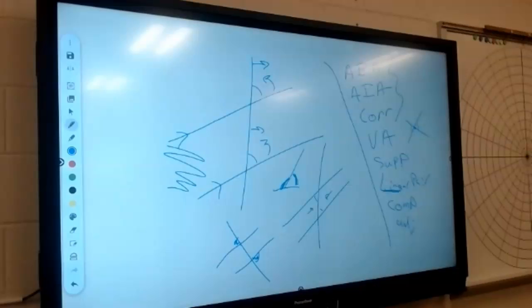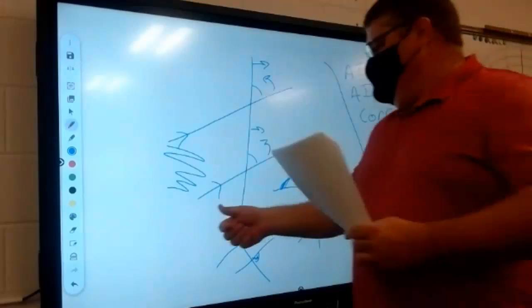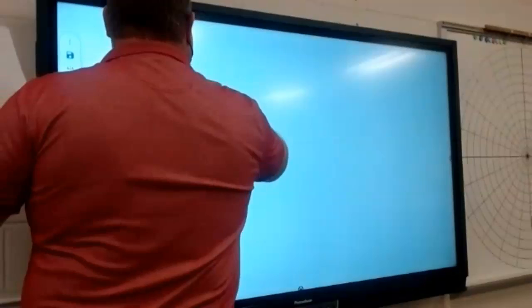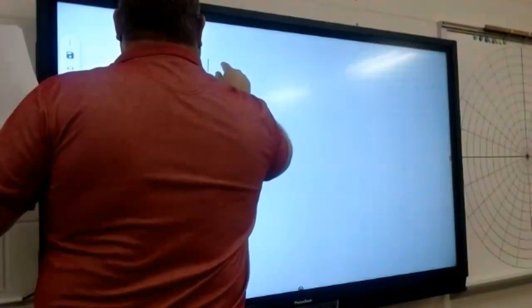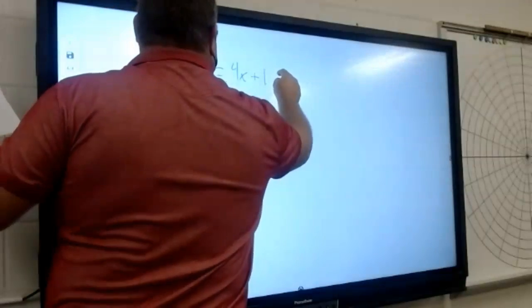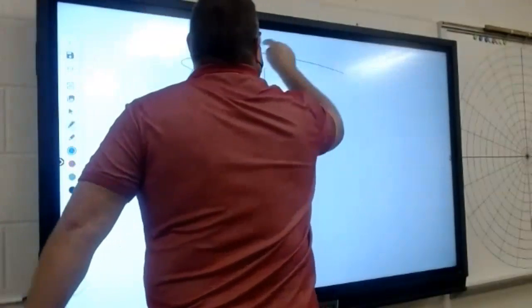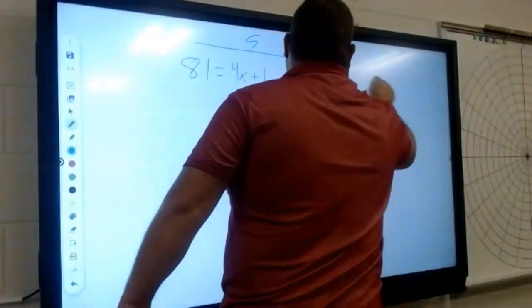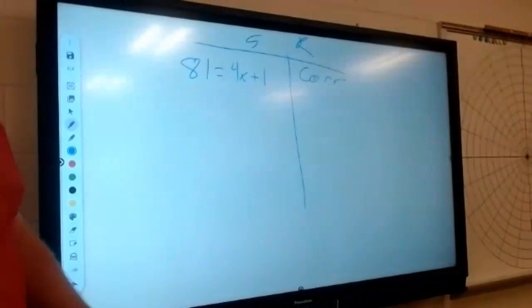I like it. But here's the thing, guys. For this, you're going to have to do a little bit more. You're going to have to say 81 equals 4x plus 1 because of corresponding angles.